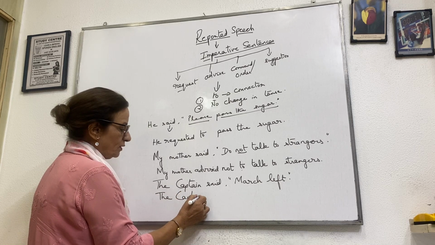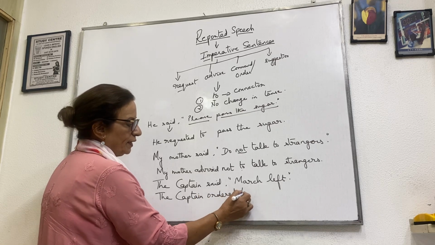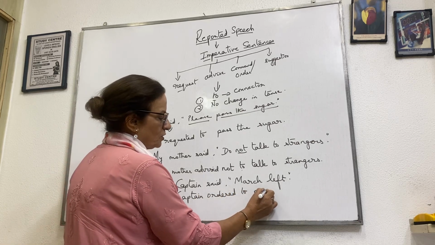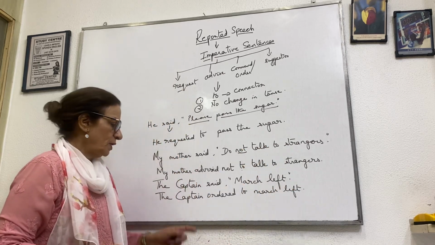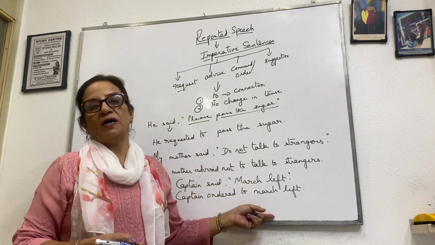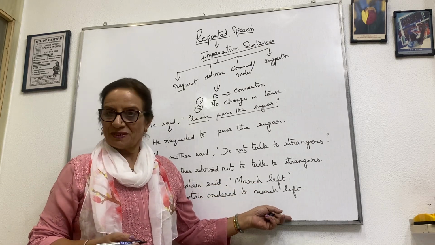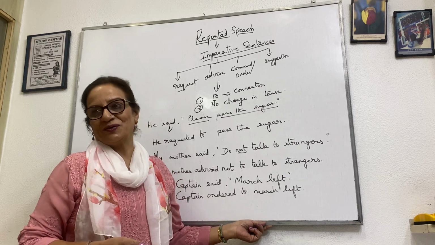Said will become ordered, since it's an order. Put the connector to and march left as it is, and a full stop. The captain said, march left. The captain ordered to march left. Simple. Imperative sentences are all so good.